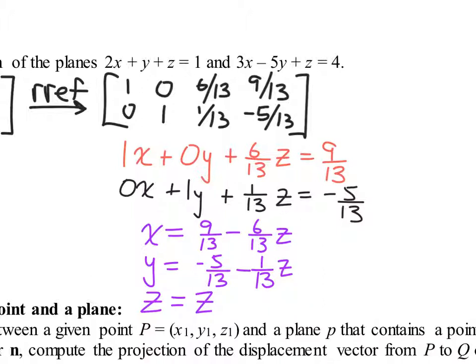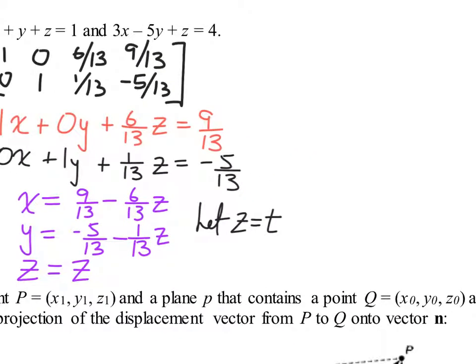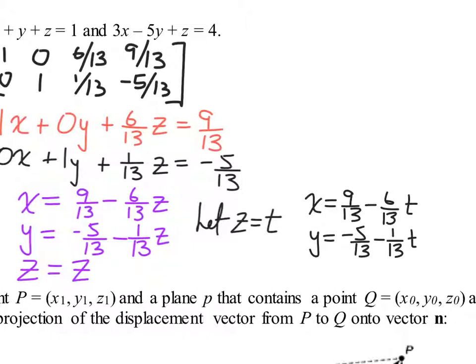We could let a parameter equal z, but if we want it to be some completely unknown quantity, what I could do is let z equal our parameter t, in which case we would have x equal 9/13 minus 6/13 t, y would be equal to negative 5/13 minus 1/13 t, and z would be equal to t.